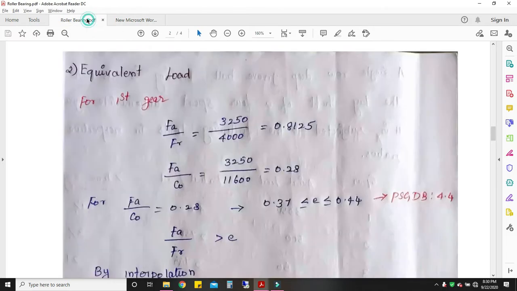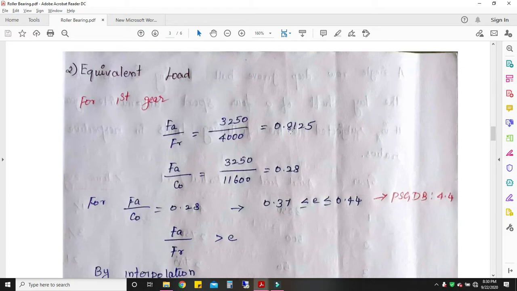Come to the problem. We came to the conclusion that the E value lies between 0.37 and 0.44, but the FA by FR value is 0.8125. Comparing these two values, we can conclude that the FA by FR ratio is greater than E, because E lies between 0.37 and 0.44, but FA by FR is 0.8125.